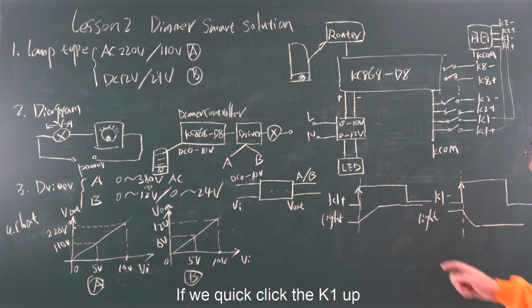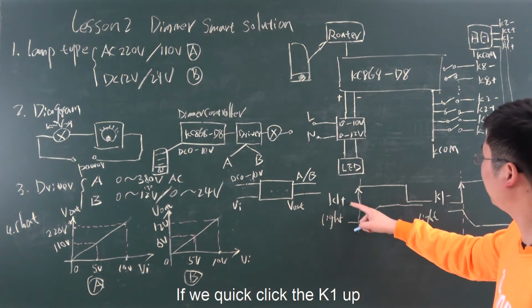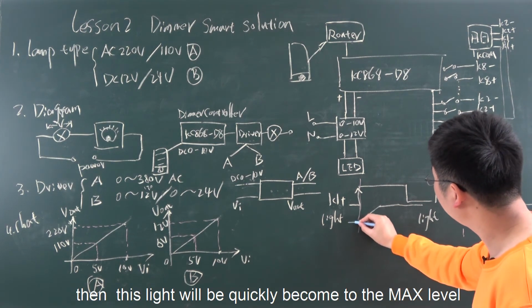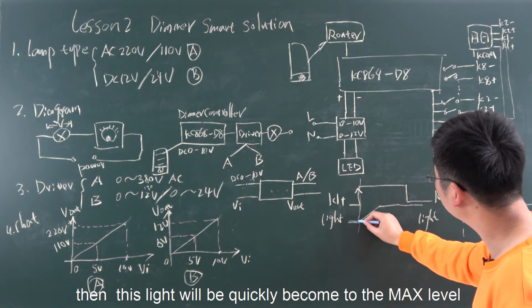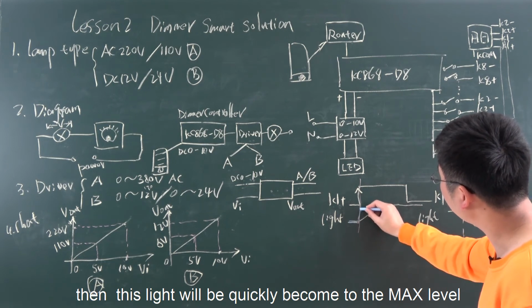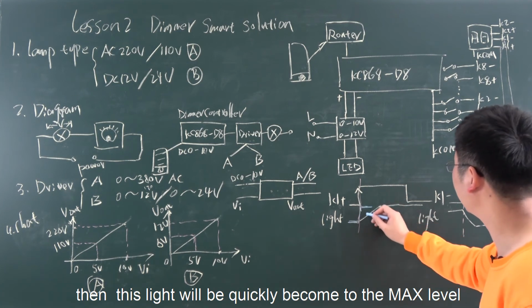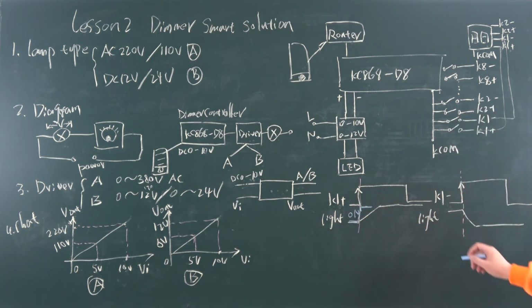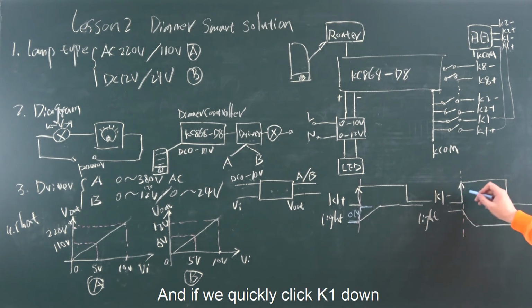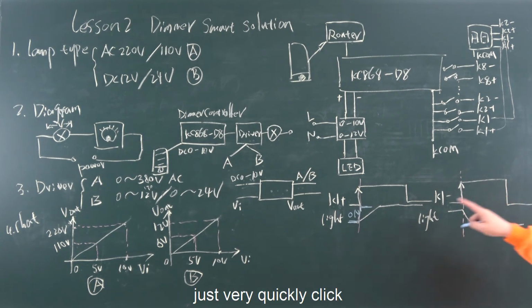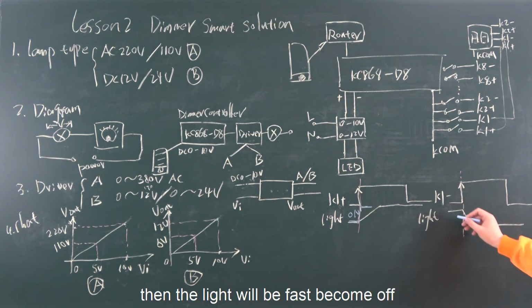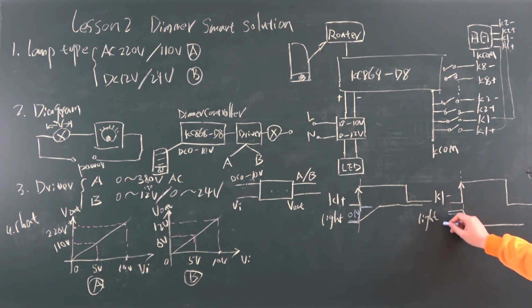And if we quickly press the K1 up, then the light will quickly turn on to the max. So this is for on. And if we very quickly click the K1 down, then the light will quickly turn off, just like this. This is off.